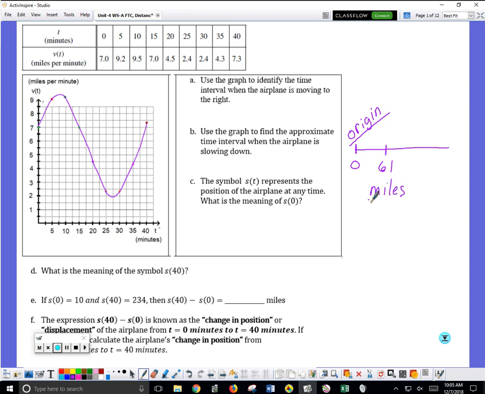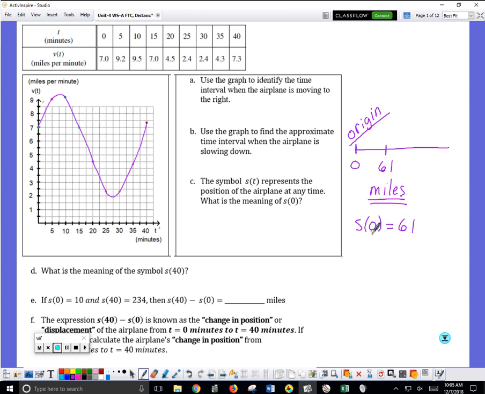So you can make up whatever story you want, but we're going to say the position of the airplane at time equals 0 is 61 miles from the origin. We talked about in term 1 that S of 0 means the position at time 0. If you need me to say any of that again, like it didn't click.